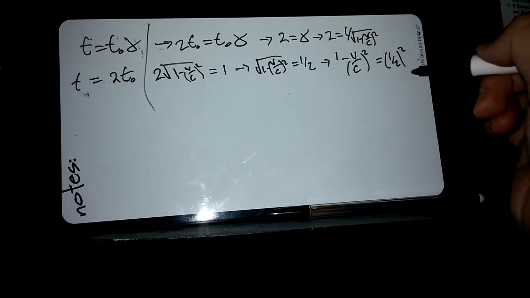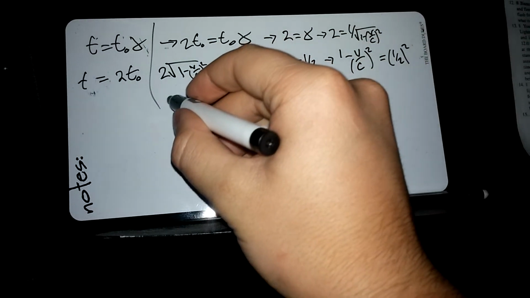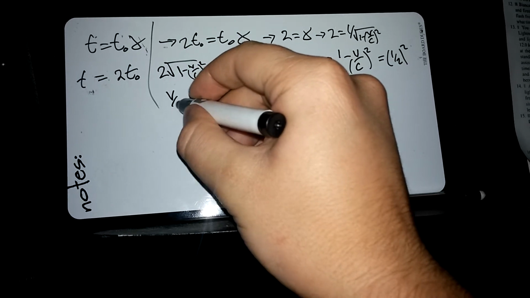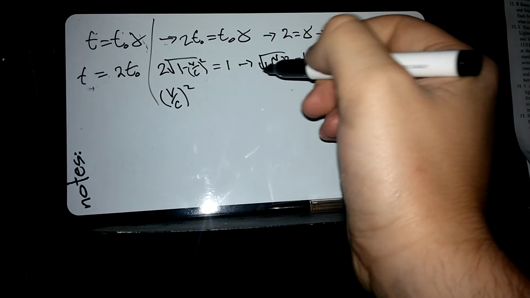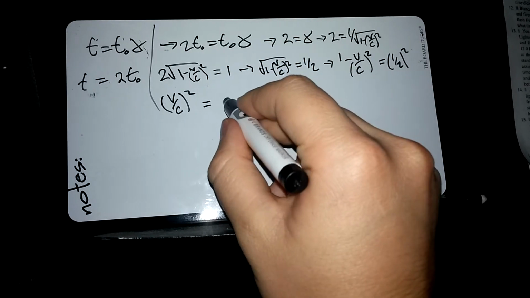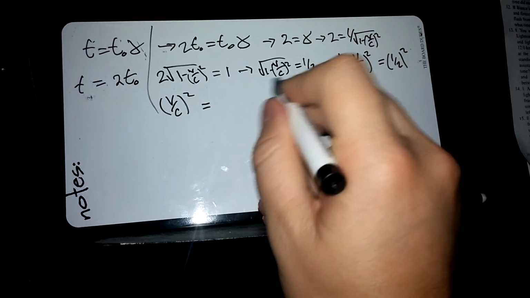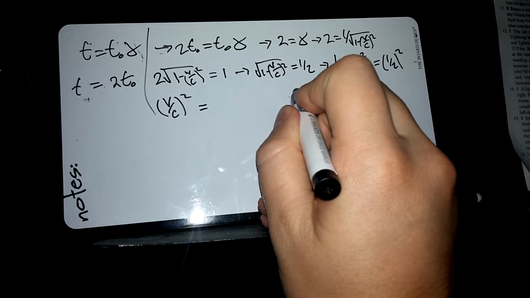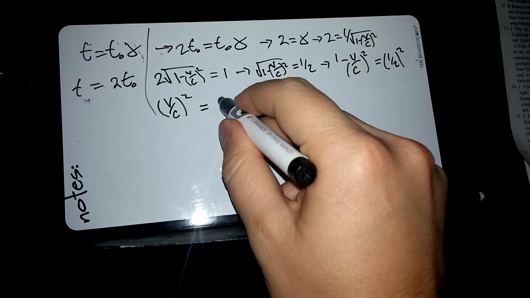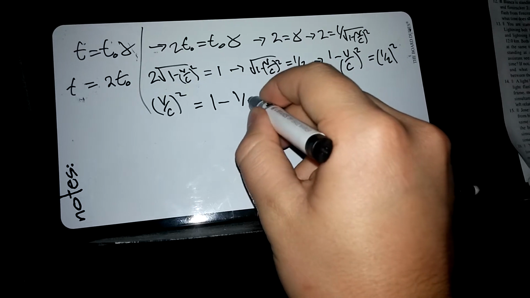So we got this 1 that's in the way in the negative, so we'll subtract 1 times negative 1. So we get v over c squared. We're getting closer. Equals, I believe it's right, it's going to be 1 minus 1/2 squared.